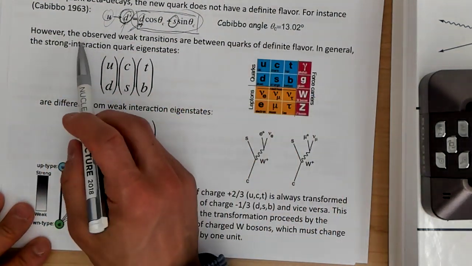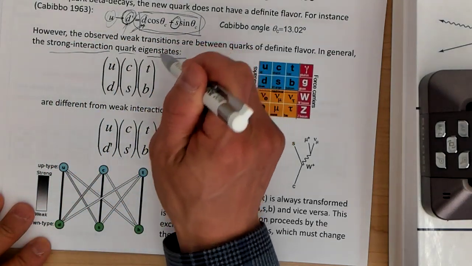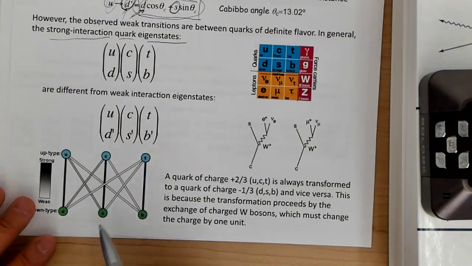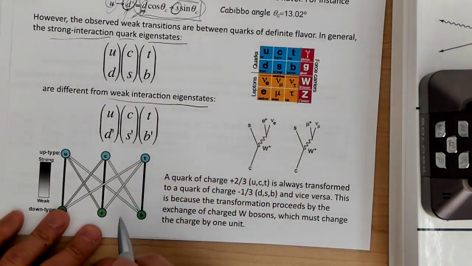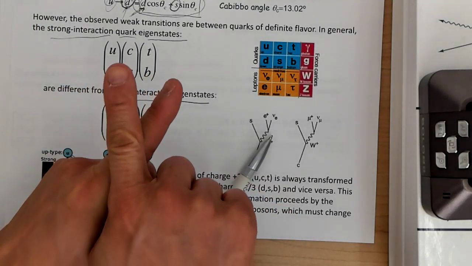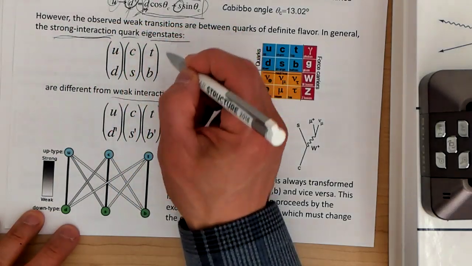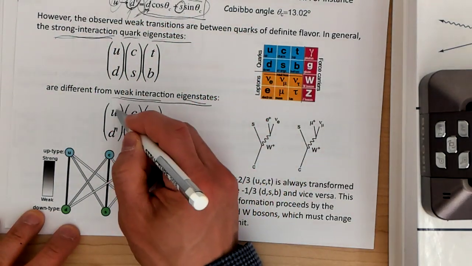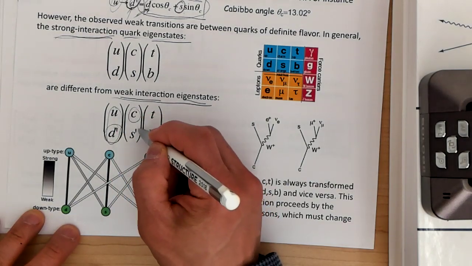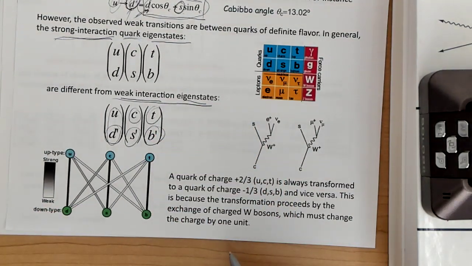So one way of saying it is that there are these strong interaction quark mass eigenstates, up, down, charm, strange, top, bottom. But then these are different from the weak interaction eigenstates. So there's some sort of misalignment of what the strong interactions want to do for the masses and what the weak interactions want to do, so that the up quark actually couples to the down prime, the charm couples to the strange prime, and the top couples to the bottom prime.